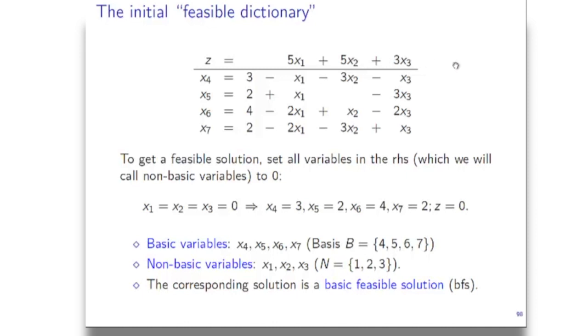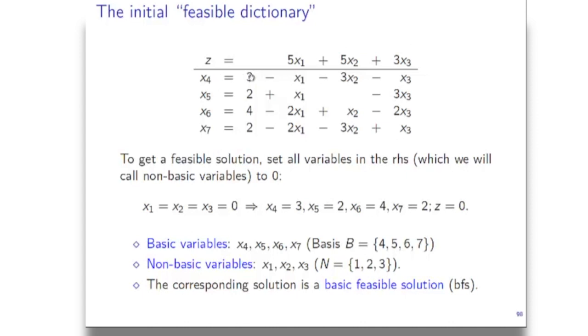Let's try to increase one variable at a time. If I increase x1 to 1, then my objective will become equal to 5, which is definitely better than 0 since we are maximizing. Let's see what happens to the remaining variables.